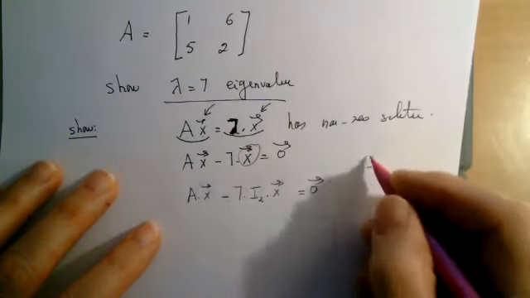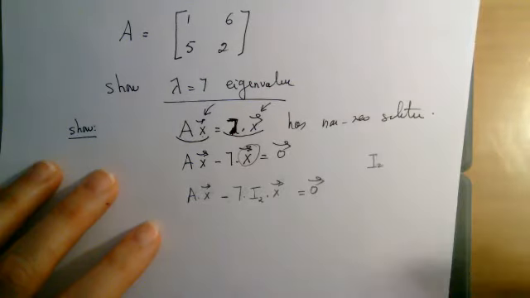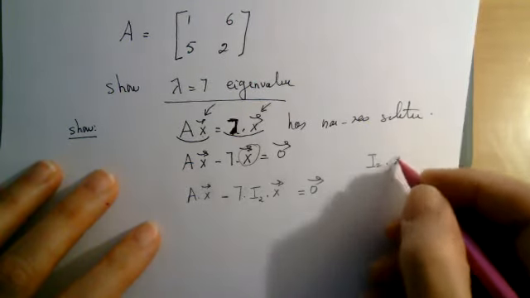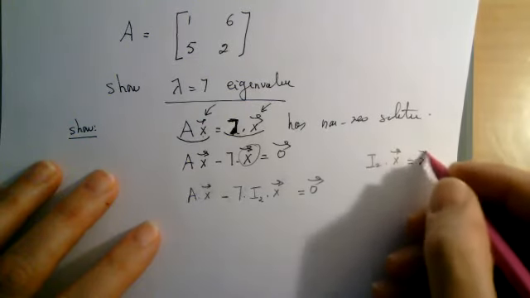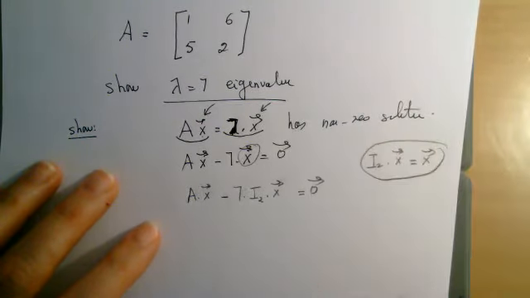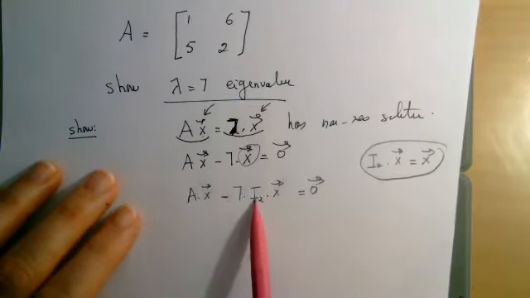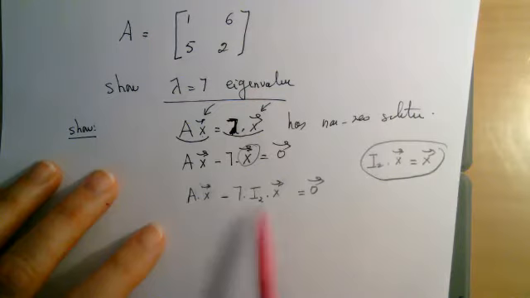The identity, which is the matrix 1, 0, 0, 1, multiplied by anything, as long as sizes match, gives me the vector x back. So I'm not really changing anything. The reason I'm bringing this up is so I can factor my x and I'm still mathematically correct.